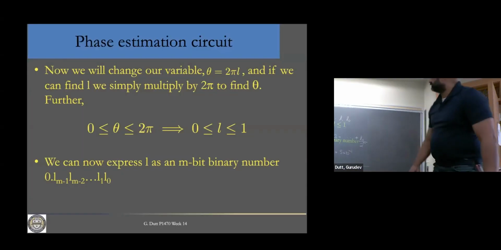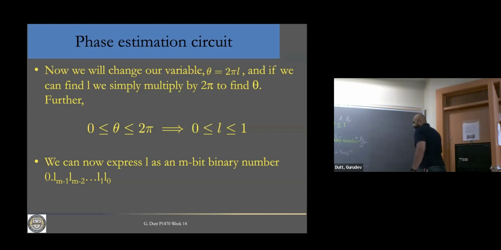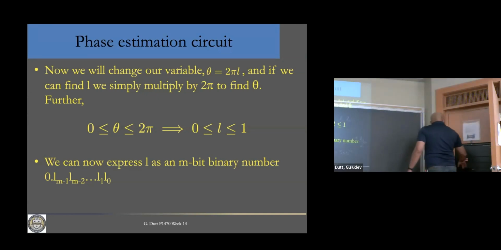So it's L m minus 1 times 2 to the power minus 1, L m minus 2 times 2 to the power minus 2, up to L0 times 2 to the power minus m. Same idea. We've seen this in the last class as well when we did the quantum Fourier transform. And that's what, of course, we're going to take advantage of in this phase estimation circuit.